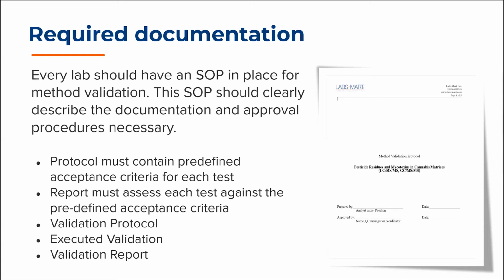On the back end of the validation, a validation report must be written summarizing the results of the validation experiments with a statement of the outcome of the validation. The validation report should provide the following, and I've got a disclaimer here that some of these are personal requirements that I require here at Labs-Mart.